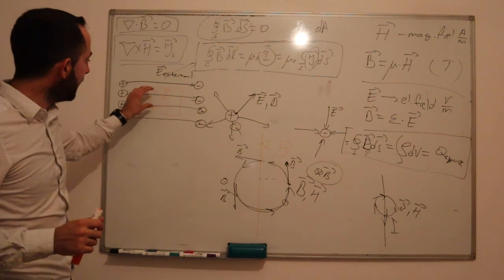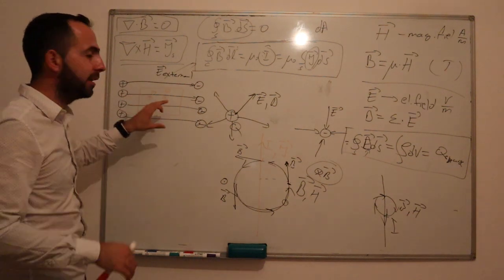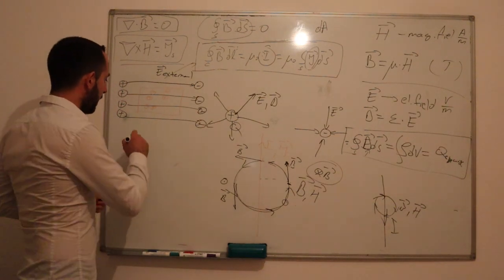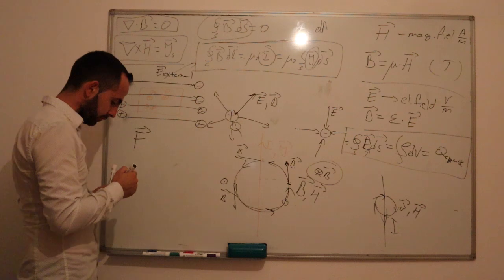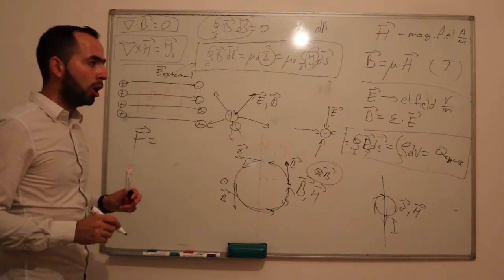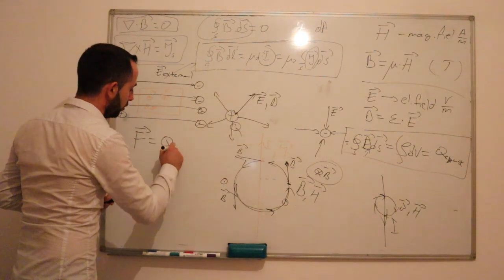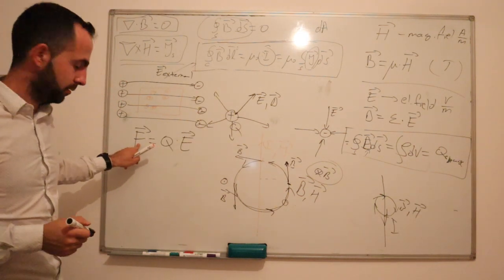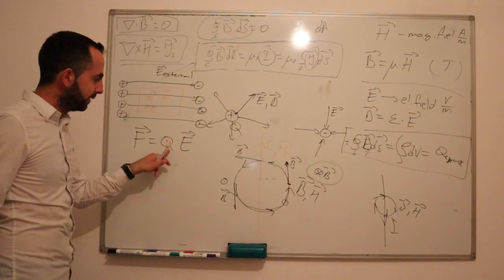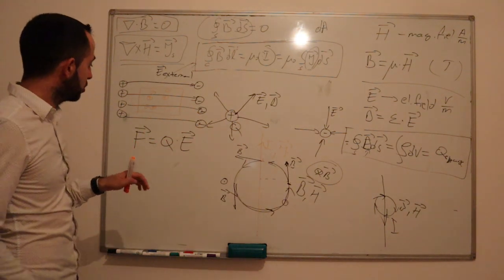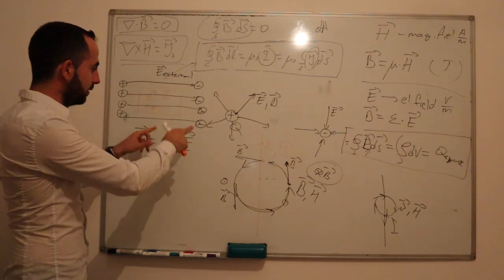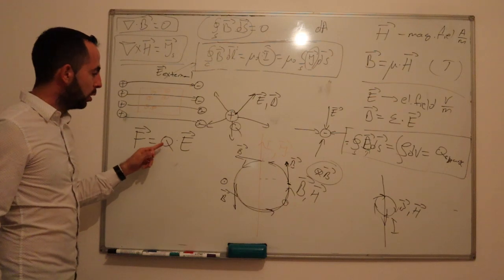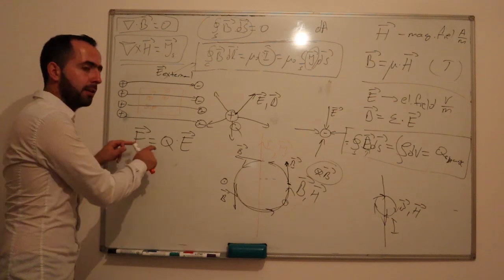What happens when I have a charge, positive or negative, in an electric field? Let's remember from electrostatics, on those charges, charge Q, we will have a force which will move these charges. So if I have a free charge in an electrical field, we will have a force on this charge.